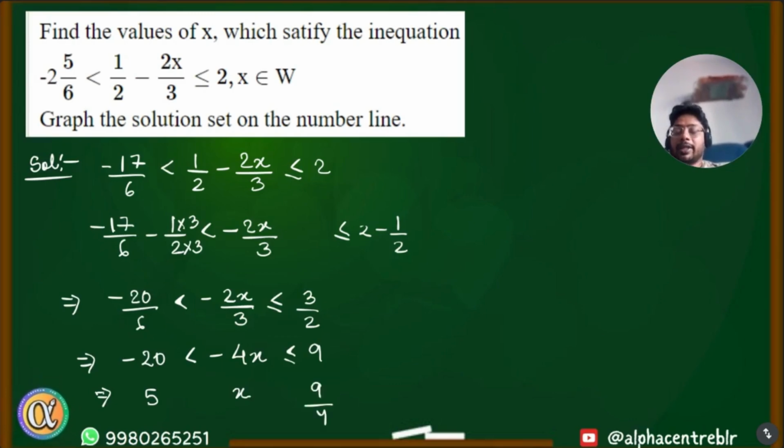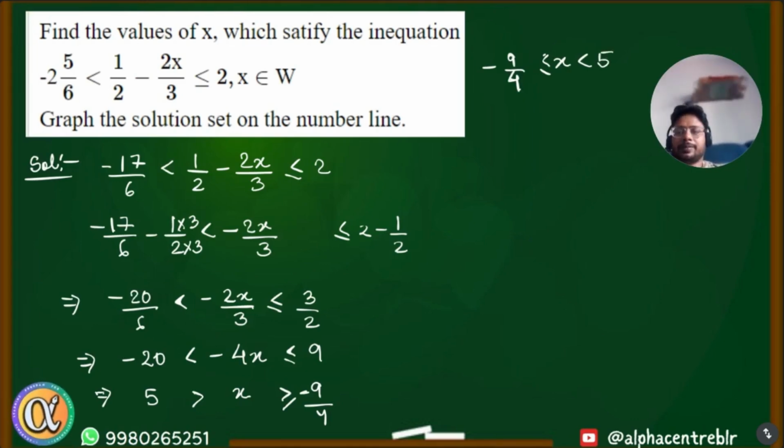But since we have divided by a negative number, the inequality changes. So the final inequation, going from lower to higher, is -9 by 4 less than or equal to x, less than 5.